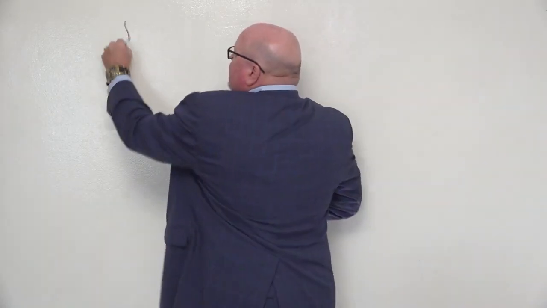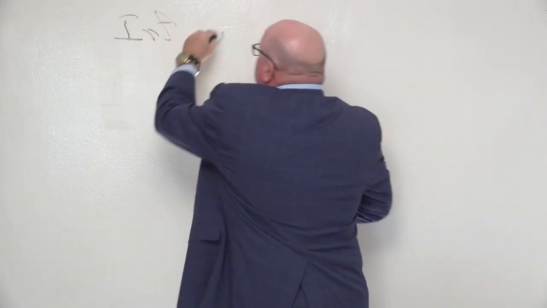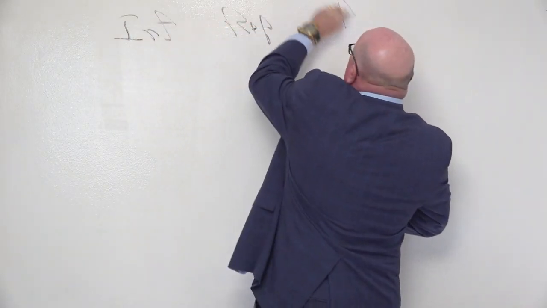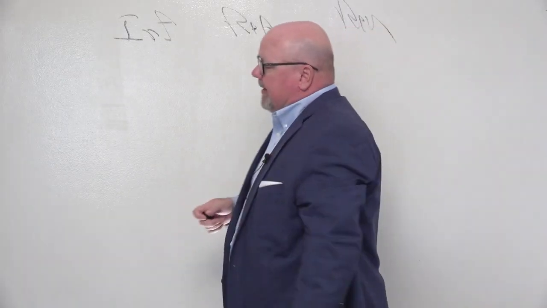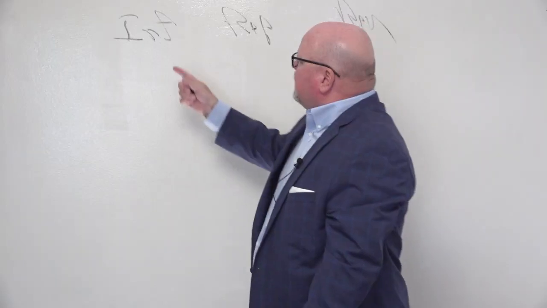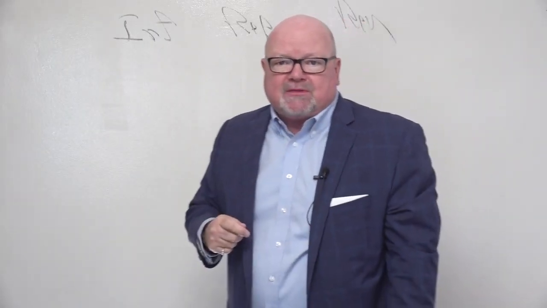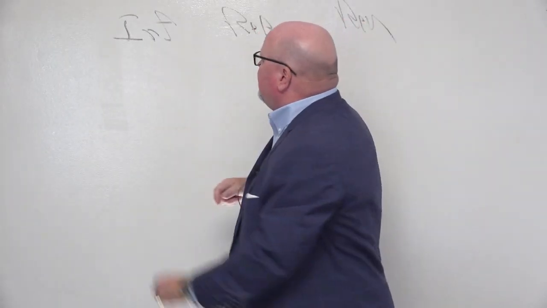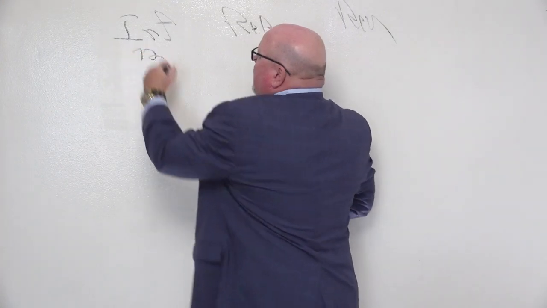So there's the inflammation phase, then there's the repair phase, and then there's the remodel. And we're going to pay a lot of attention to a couple specifics in this. First of all, let's look at the time frames. What's the time frame for the inflammation phase? That can be 72 hours.